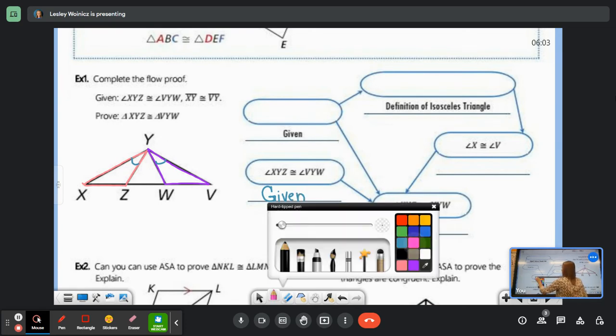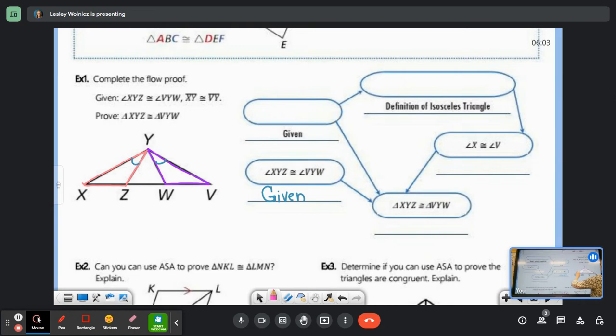Next, I see that segment XY is congruent to segment VY. And I don't see that in the proof yet, and I have another given, so I'm going to put that above the second given. XY is congruent to VY.